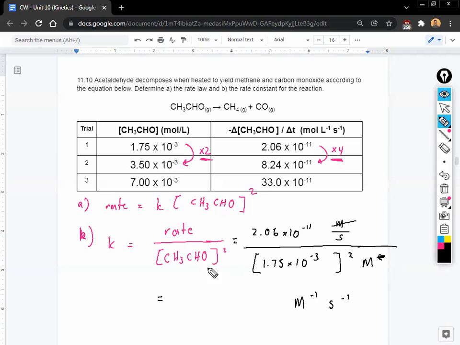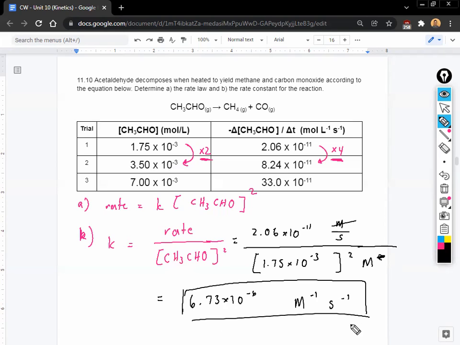Okay. And then for your numbers, I just did the calculations already, but you should get 6.73 times 10 to the negative 6. Okay. So if you got that, good job. If you're off by a little bit, not too bad, but just make sure your exponent is correct and the units of measurement are correct. Okay. Any questions about that problem?